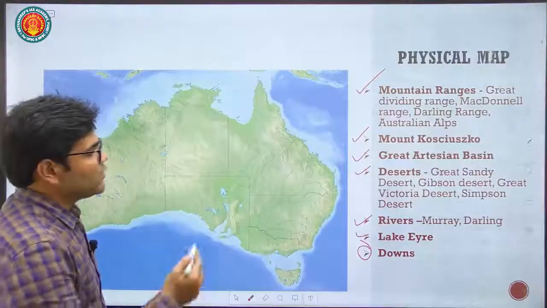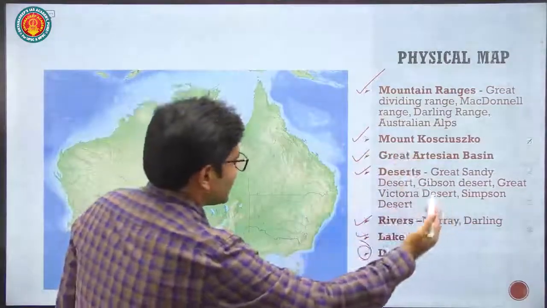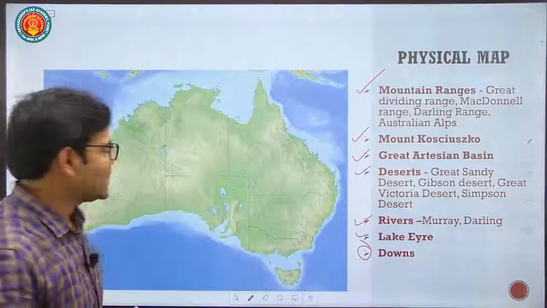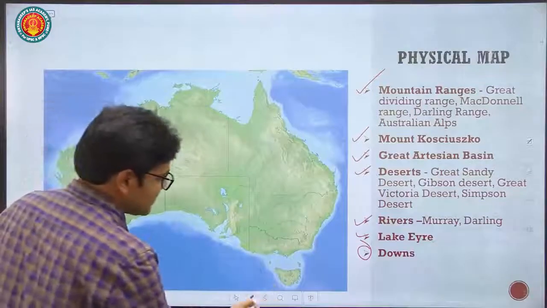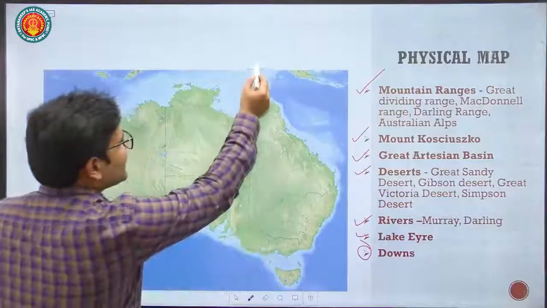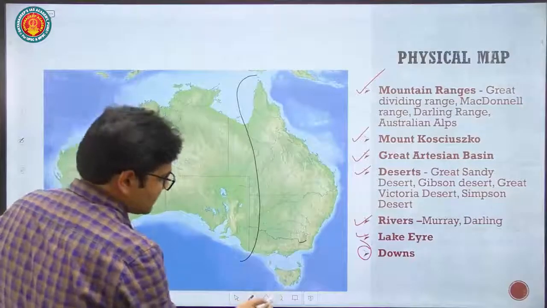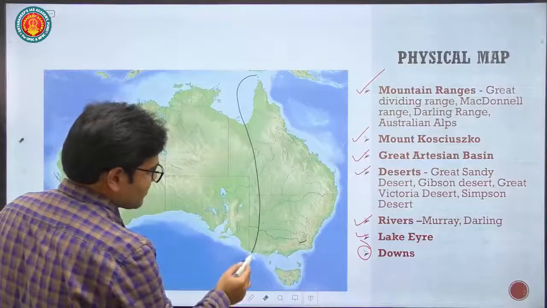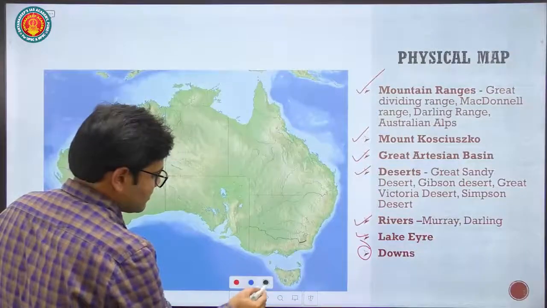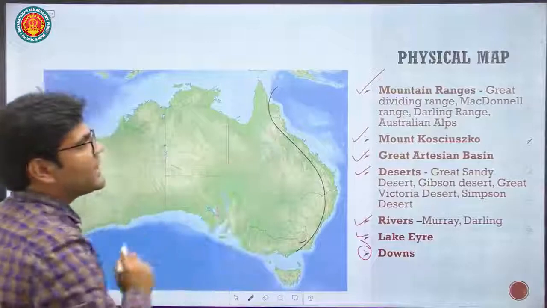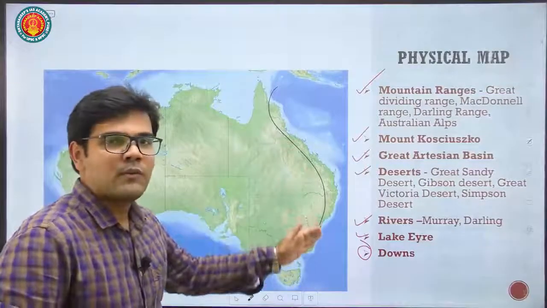First we will move from the eastern direction to the western direction. Broadly, you can divide the continent of Australia into three parts. The first part you can see is the eastern part, the easternmost part. Here in the easternmost part, we have a long mountain range.